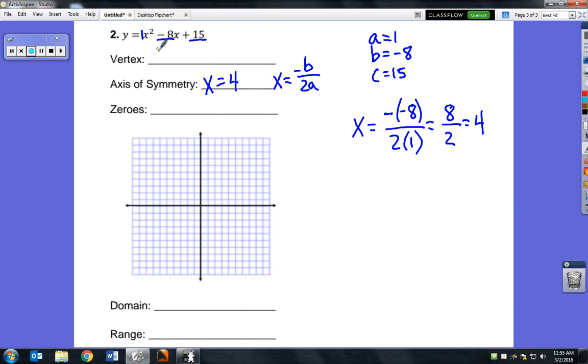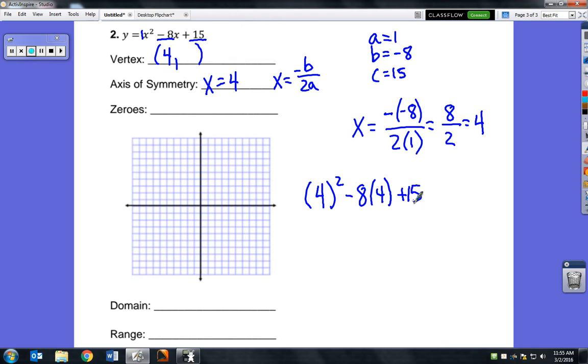Finding the axis of symmetry also gives us the x part of my coordinate for the vertex. To find the y portion of my coordinate, I need to plug 4 into my function. So I'm going to plug that in right now. 4 squared minus 8 times 4 plus 15.